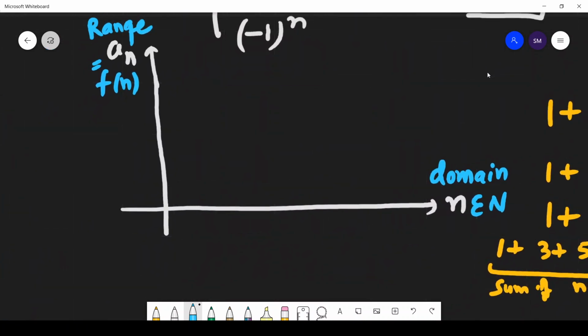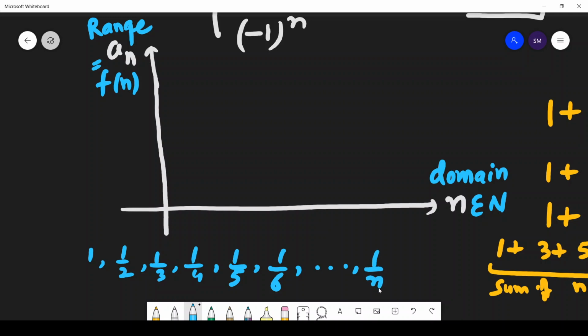So the graph that we are going to plot, let the sequence be 1, 1 by 2, 1 by 3, 1 by 4, 1 by 5, 1 by 6. Can you tell me the nth term of the sequence, friends? 1 by n.